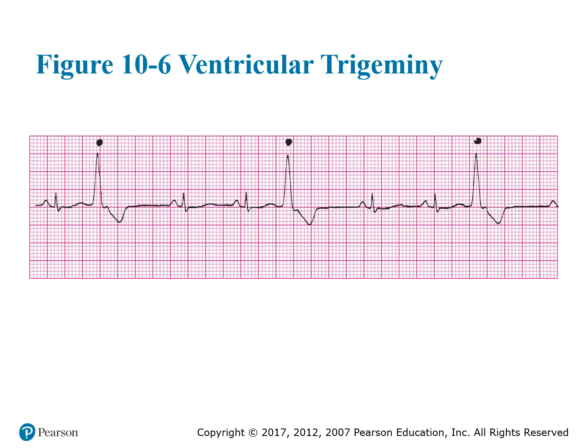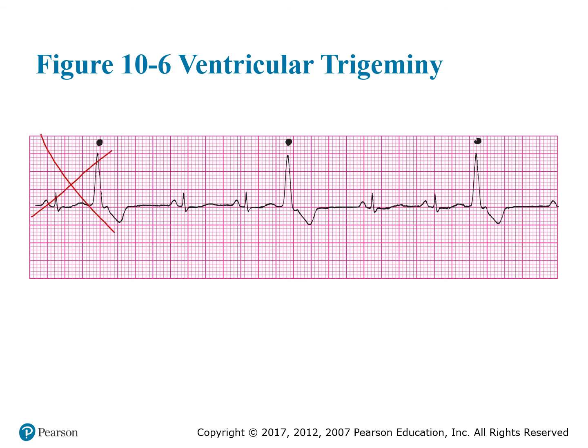The same as a couplet, as we do with our bigeminy, trigeminy and quadrigeminy, they can also be multifocal or unifocal. If we take a look at figure 10.6, this is a ventricular trigeminy. We can't tell with the first rhythm, so we don't look at it.